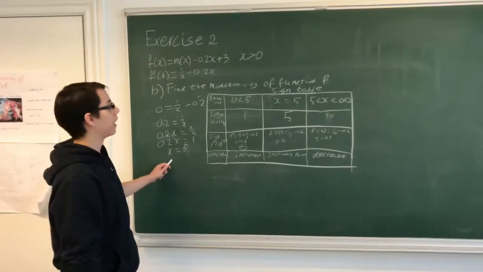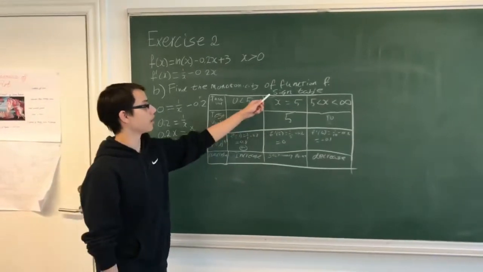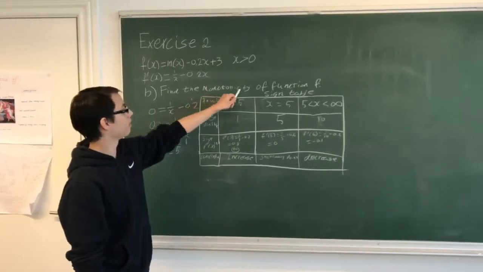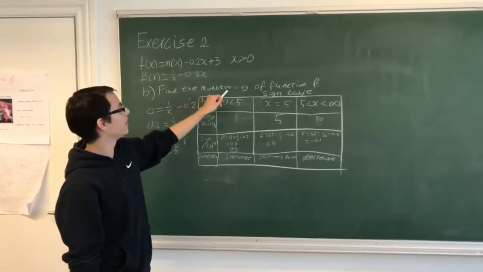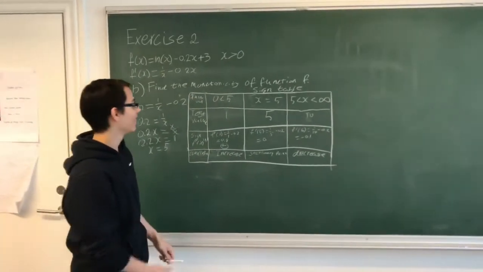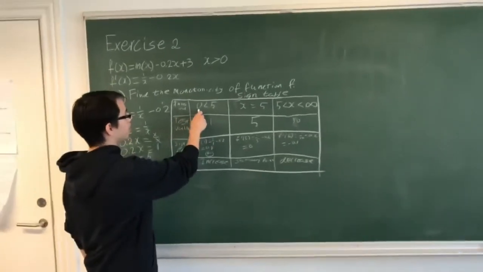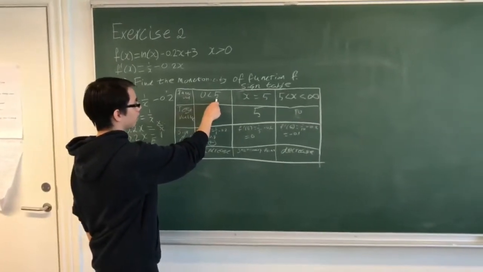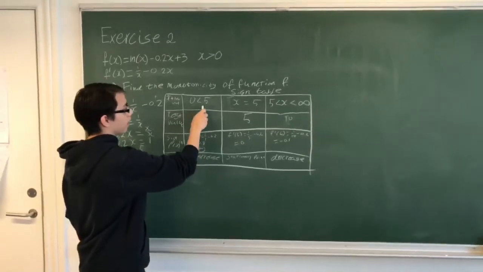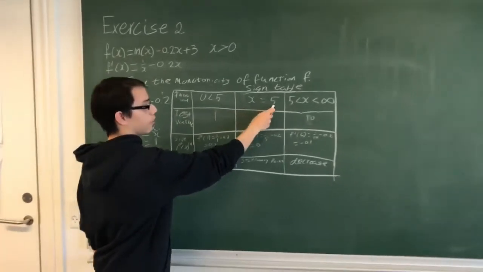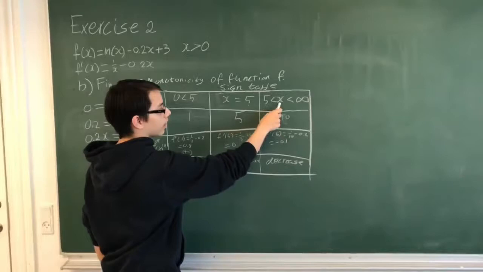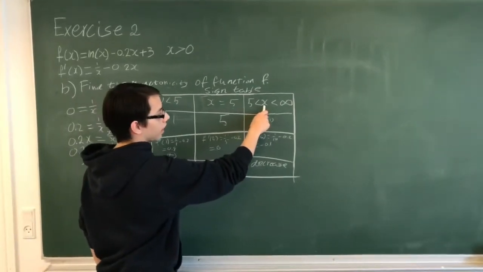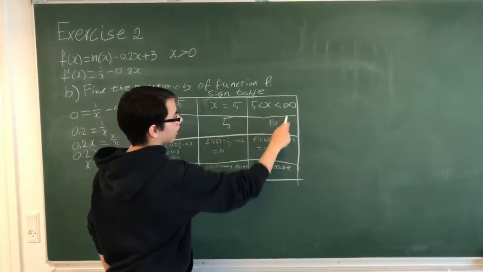And now that we have this information, we're able to put it into our sign table to find the monotonicity. So for the interval we have 0 is less than x, x is less than 5, and x is equal to 5, and 5 is less than x, and x is less than infinity.